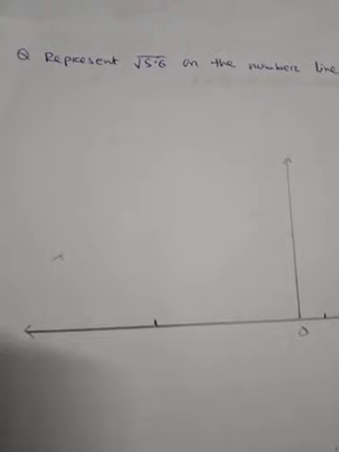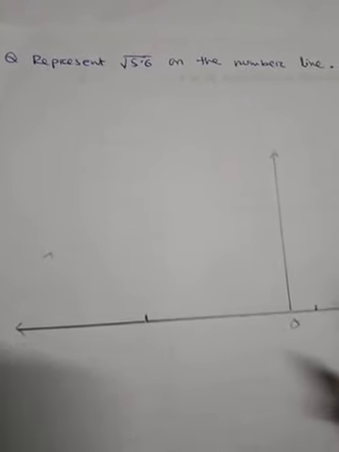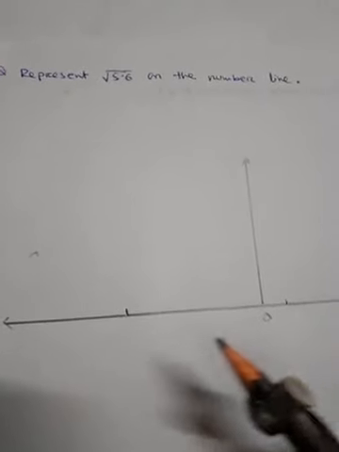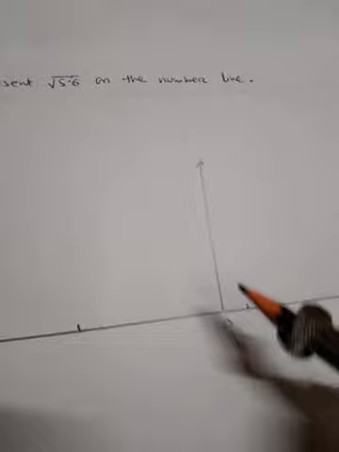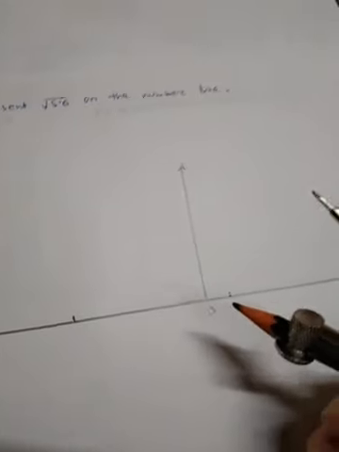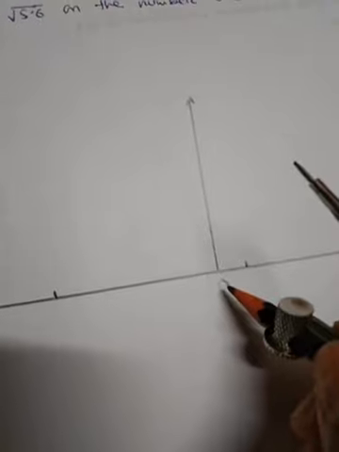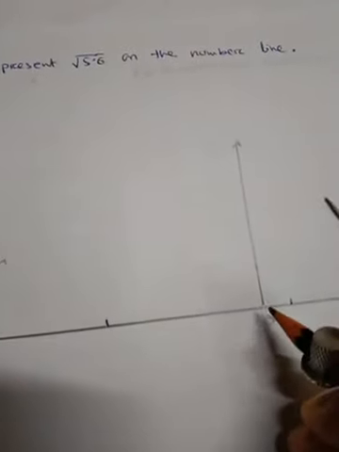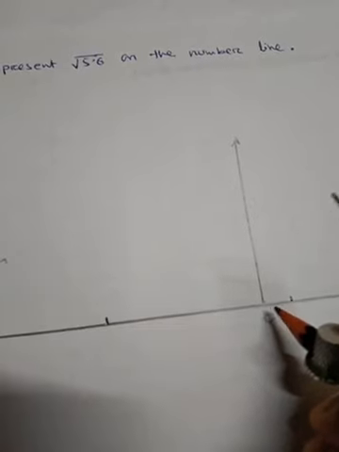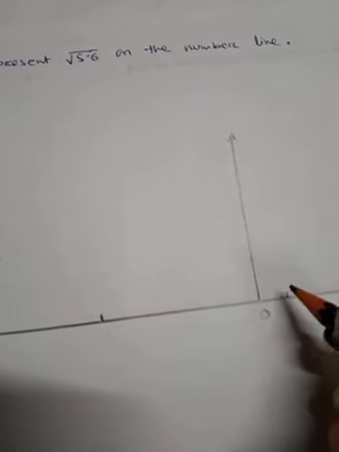Next we learn how to represent root over 5.6 on the number line. So for this, first we'll draw the number line, then we'll draw a perpendicular at some point in between, and this we have marked as O. Now on the right hand side of this point O, we'll mark 1 unit.